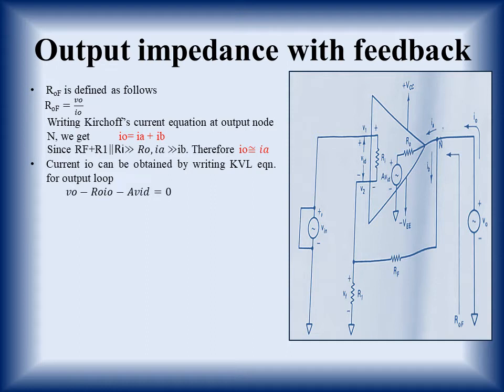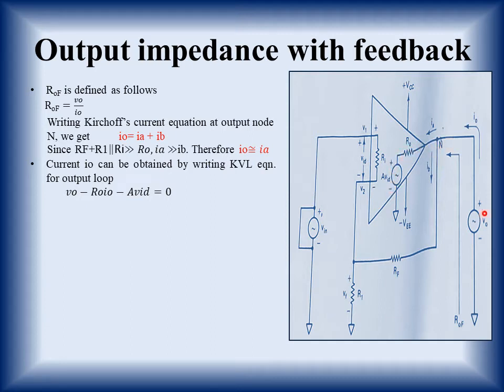As you can see from the diagram, V naught current flows in this way. IO and IA are the same, so we can write IO in place of IA. This current flows through RO and AVID.